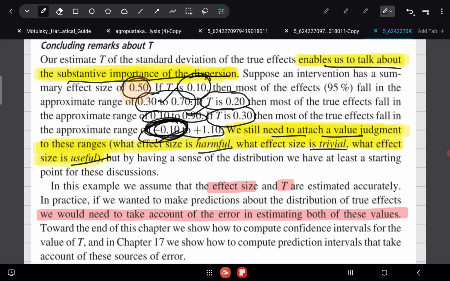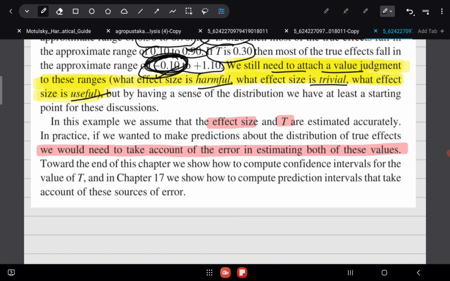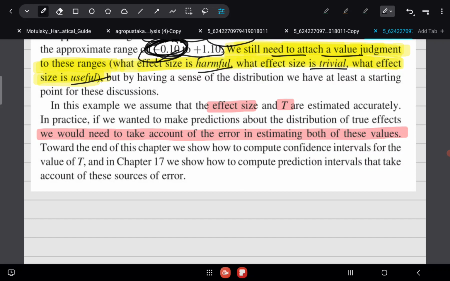So we need to have a practical discussion on the implication of this range, or the implication of the 95% CI of the true effect size, right? So this is the practical, the intuitive importance of the T statistic, or the standard deviation of the true effect size, right? And of course we'll discuss how to compute the 95% CI of this T also.